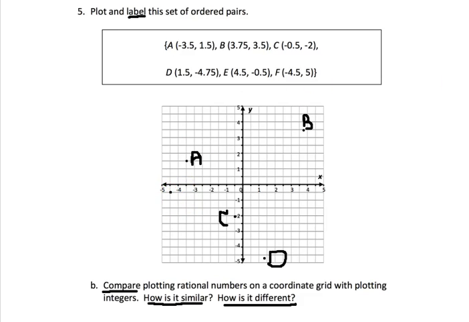Oops. I'm sure a lot of you just went, no, it's not, Mrs. Judd. That is 4 and 5/10 positive, not negative. 4 and 5/10 for x, and -5/10 for y. And I'm going to label that E.